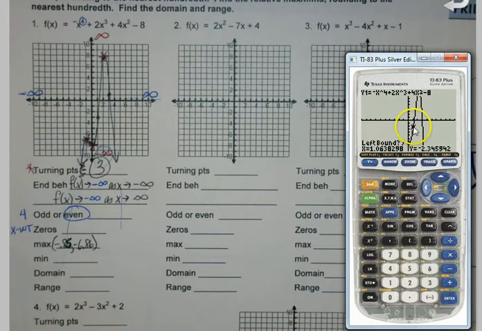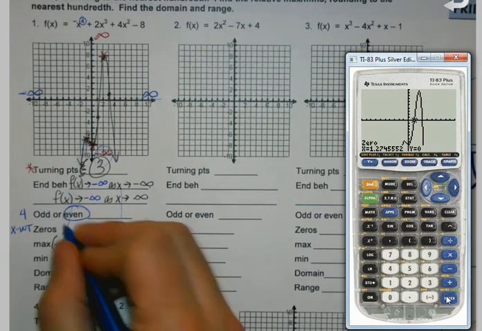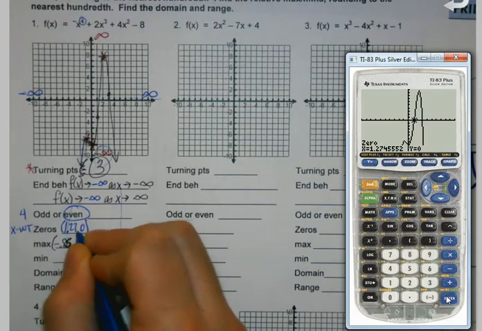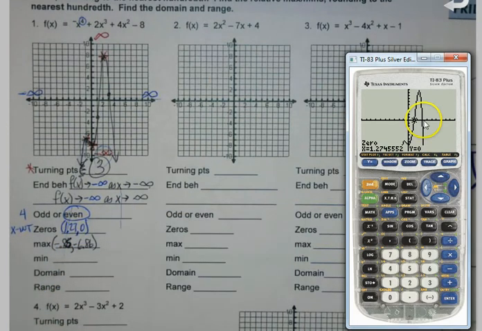My left bound needs to be a little bit to the left of it. Anywhere down here would be fine. Hit enter. Right bound, anywhere above it, because I'm trapping it in between. And I'll just hit enter twice. So I've got a zero at 1.270. And then I still have to find this other one over here to the right.